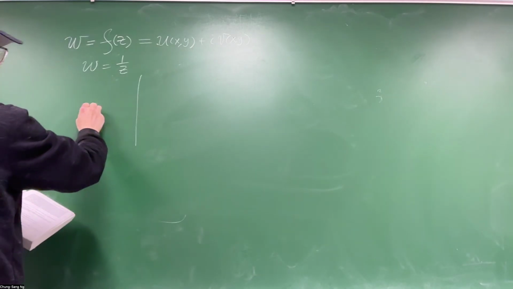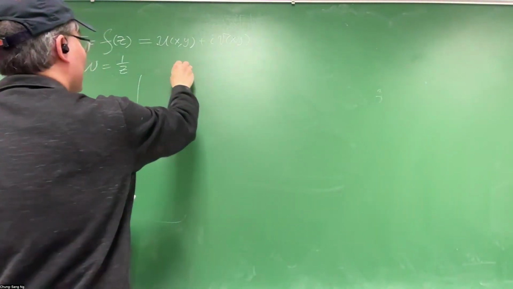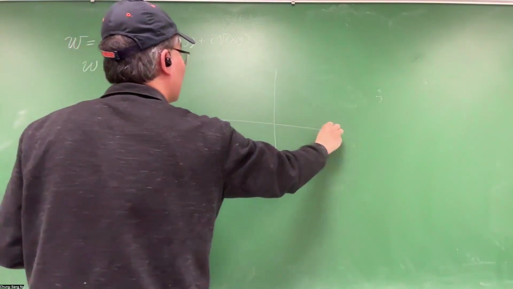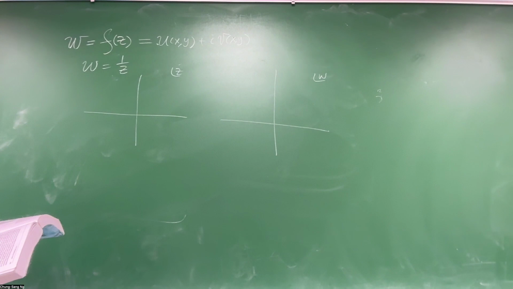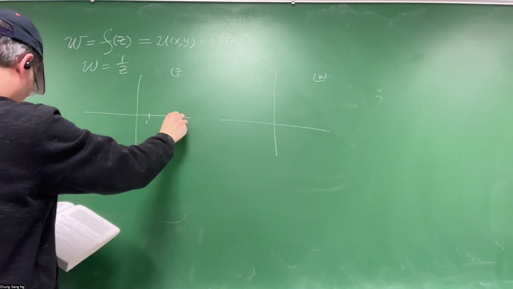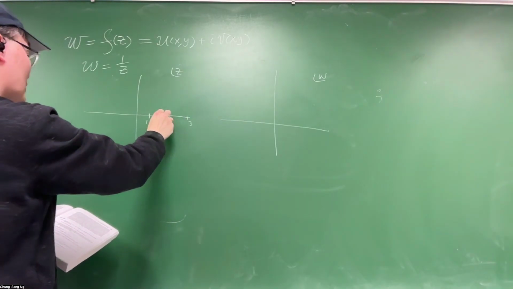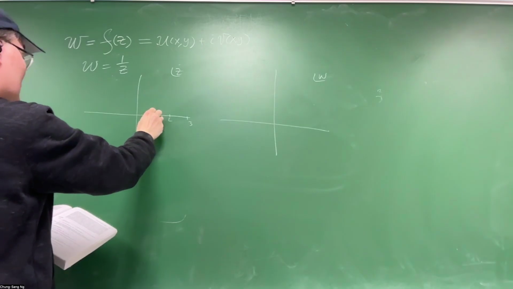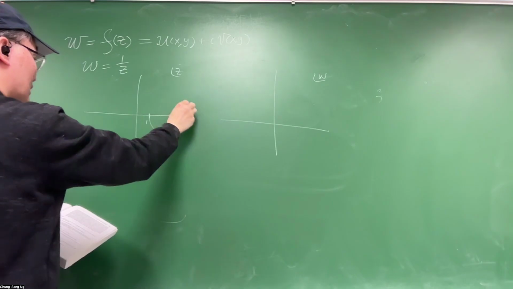The other is still a circle mapping to a circle, but a little bit different. Let's look at the W plane. On the Z plane, you have 1, 2, 3. So basically a circle, another circle, but this one is not centered at the origin. You have this circle centered at 2.